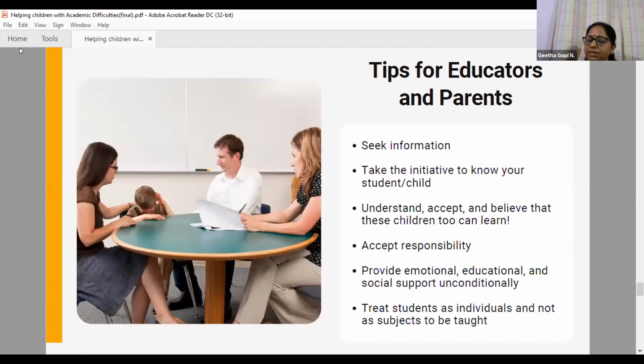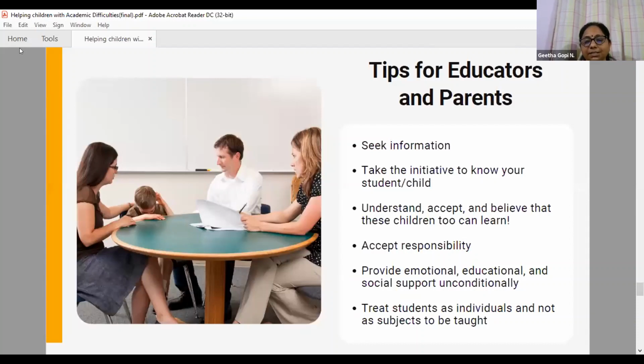Sometimes we may have very difficult kids in the classroom, but despite that, they still need support. So you have to look at the fact that even if they are difficult, what their needs are. Why is it that they are presenting such challenging behaviors? So try and understand that and provide the right kind of support without being judgmental.